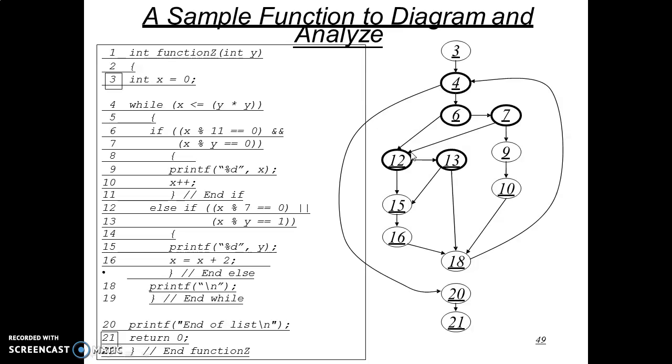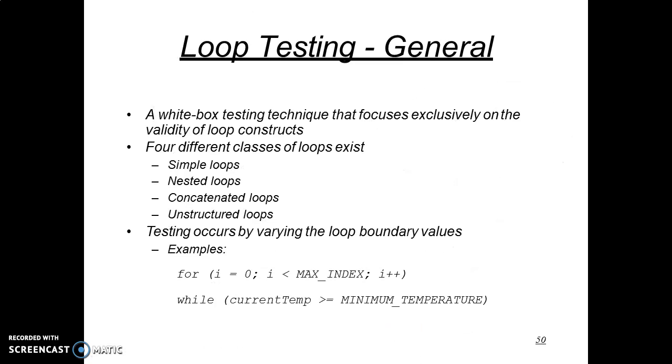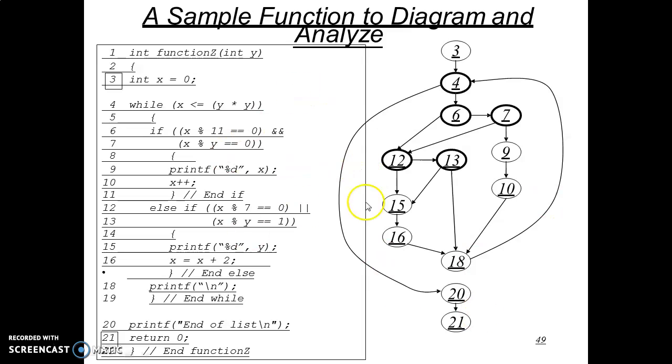The same thing you can get by counting the bounded regions. Right, 1, 2, 3, 4, 5 plus 1, that is 6. Using all the equations, you'll get the same cyclomatic complexity. Okay, so here 5 predicate nodes are there, 5 plus 1. The cyclomatic complexity is 6.